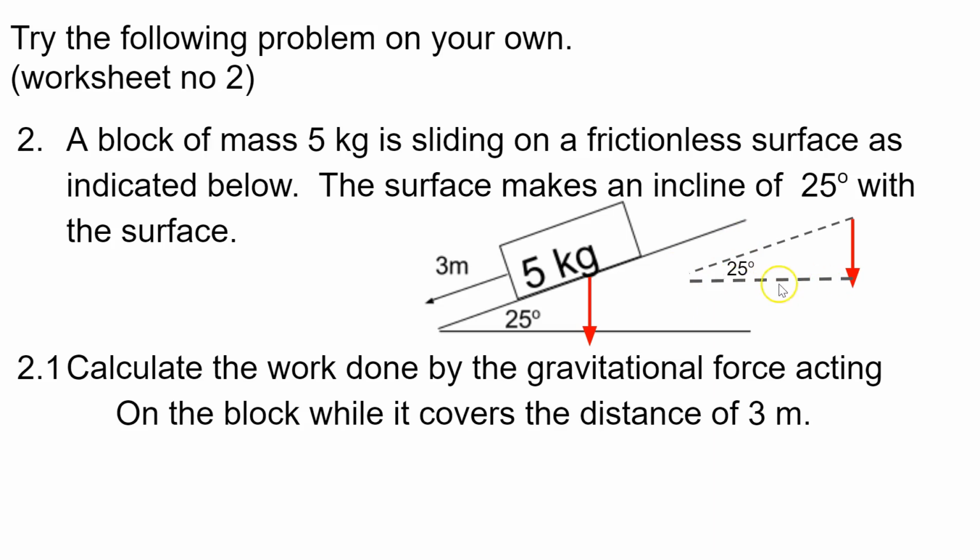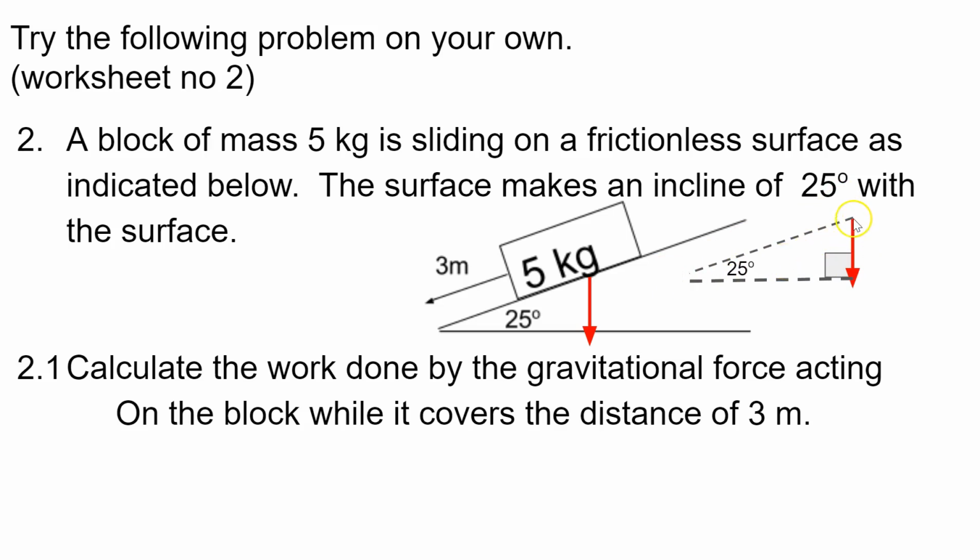We also know the horizontal and the vertical are 90 degrees to each other, by definition of horizontal and vertical, and we know the gravitational force is going vertically down. We also know the three angles of a triangle must always give 180 degrees. So the sum of these three angles, because they form a triangle, needs to be 180 degrees.